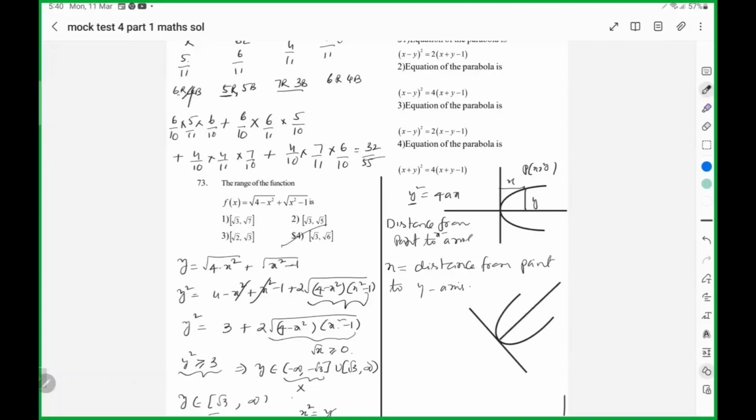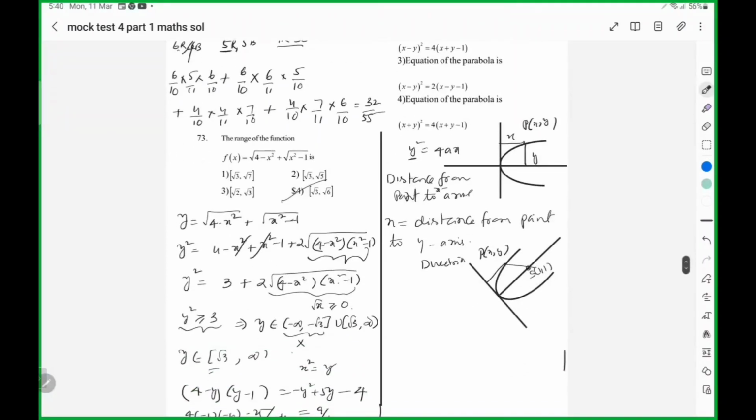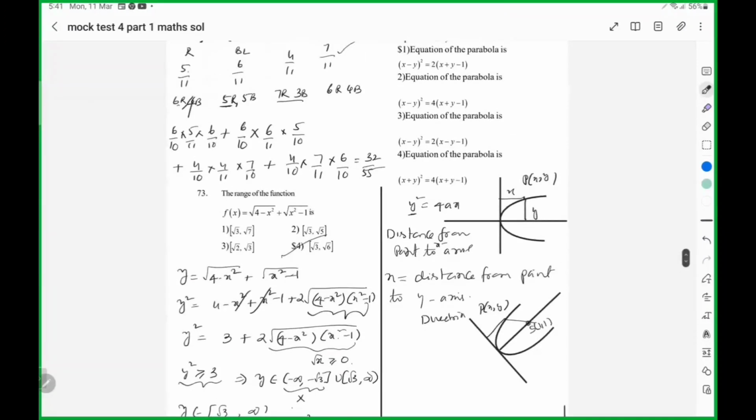Here, what he given is the focus, 1 comma 1. Here is the point P(x, y). Here is the directrix. Now y means the distance from the point to the axis of the parabola.